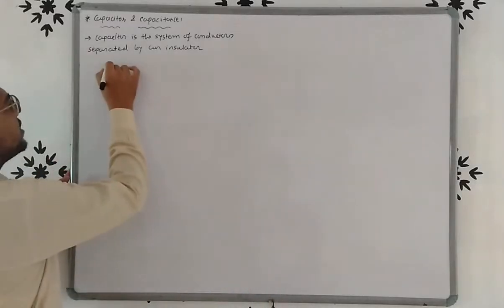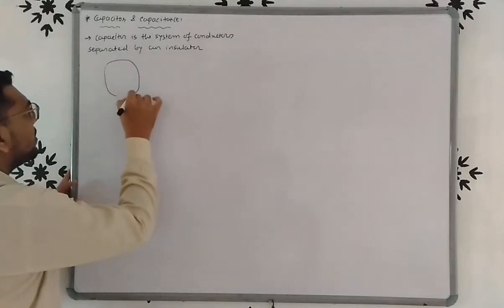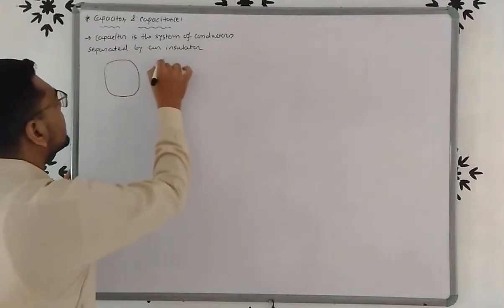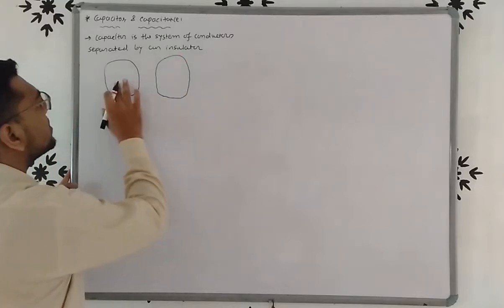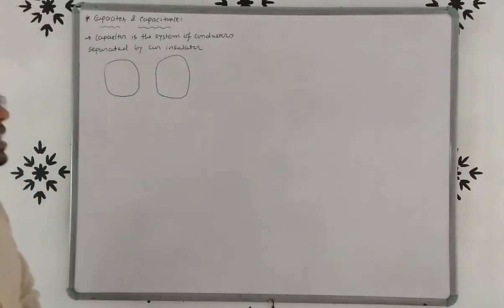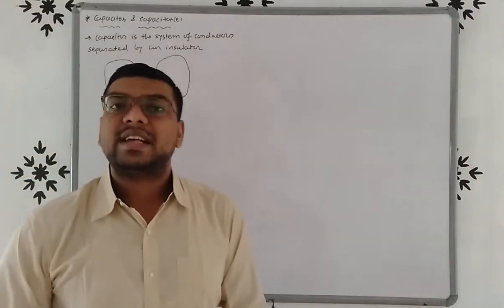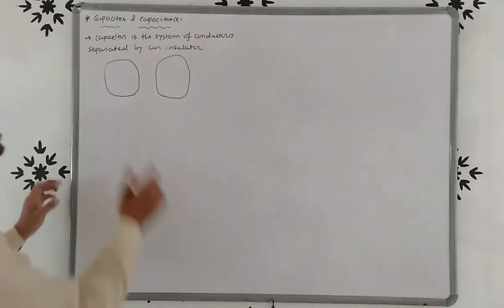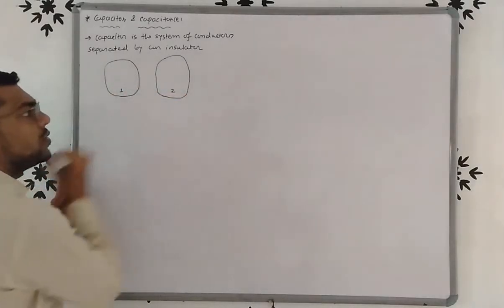So consider friends, this is one conductor like this, and this is the second conductor. This is the system of conductors separated by an insulator like vacuum or dielectric, etc. Here this is conductor 1 and this is conductor 2.